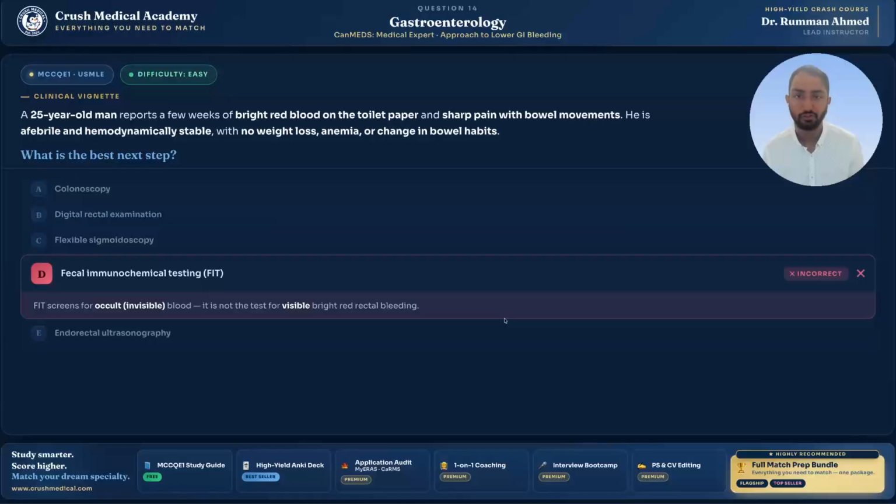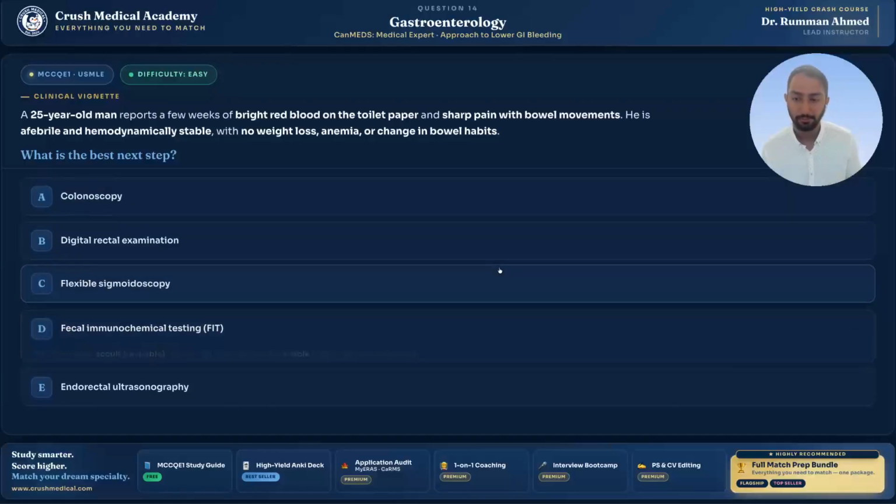FIT tests, we usually do more for colorectal screening and preventative care. Whereas in this context, we're dealing with a patient who has bright red visible blood on toilet paper. So we're not exactly screening this patient. We're trying to directly see what's going on for them. So in this case, D, fecal immunochemical testing, would be incorrect as well, okay?